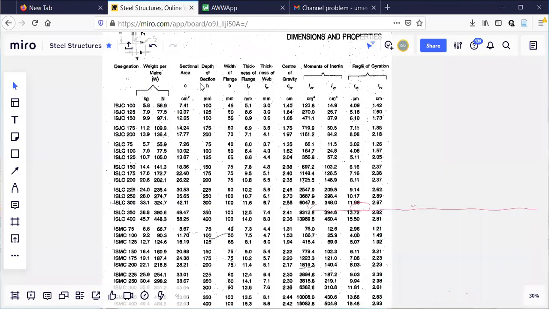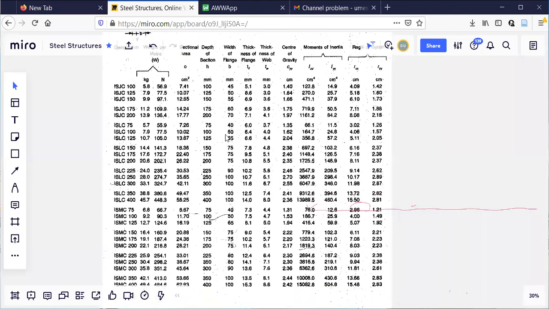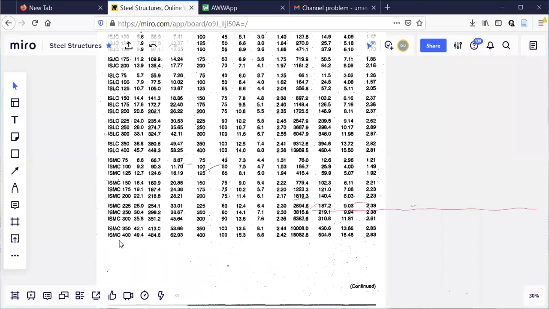Sectional area, depth, width of the flange. Depth is how much? Already it is there in the problem. That is 350. Width, we can check it. This column is width. ISMC 350, it is 100. What is the meaning of this?